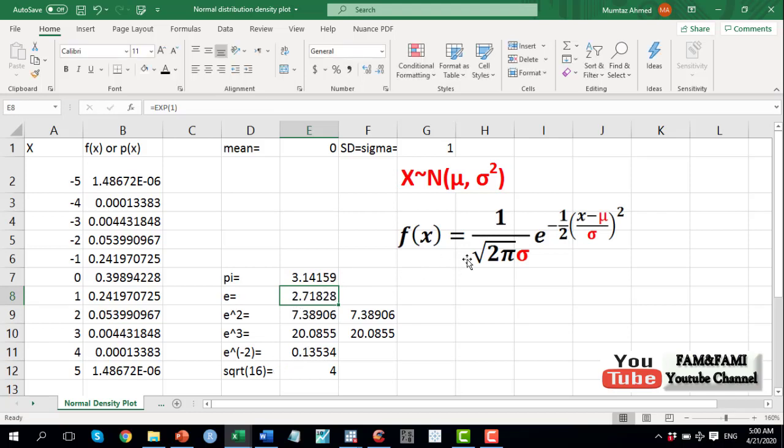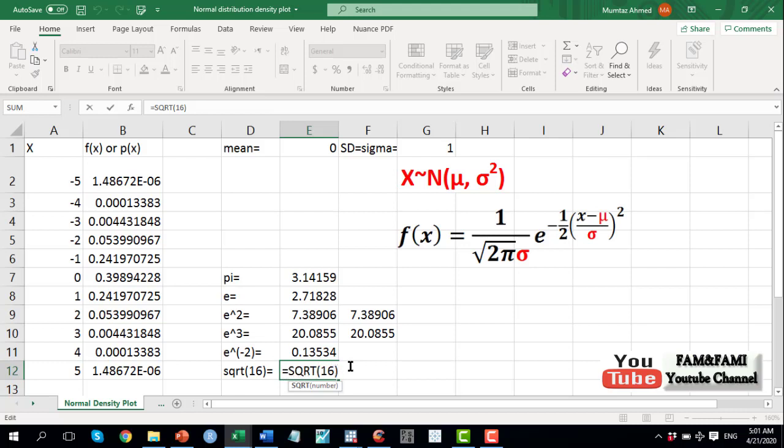And of course this square root operator: suppose we want to find the square root of 16, the command is sqrt. So start with an equal sign and then type sqrt and within parenthesis 16. So this will give us the square root of 16. So this is how this sqrt command works.